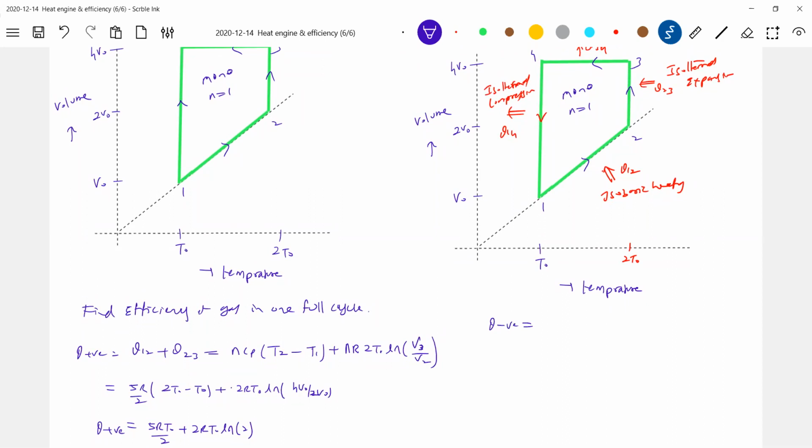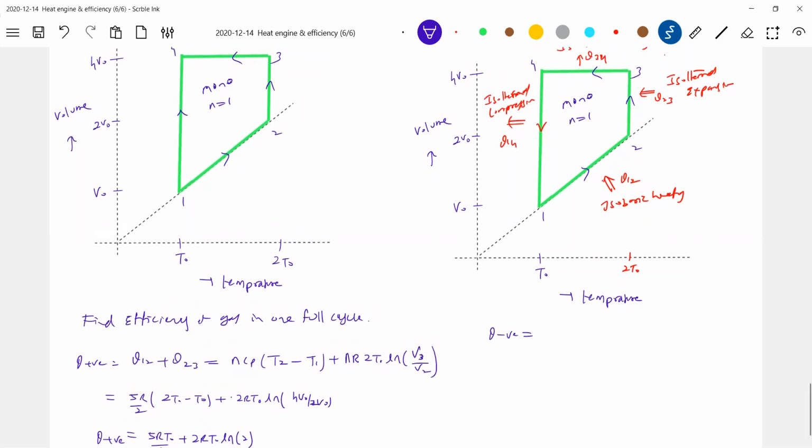Similarly, we'll calculate Q negative, keeping this graph in view. Q negative will be Q34 plus Q41. Just formulas, nothing else, only mere formulas. Q34 is isochoric, so nCv(T4 minus T3).